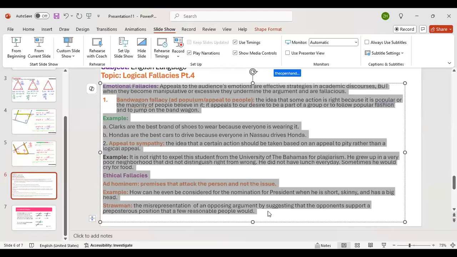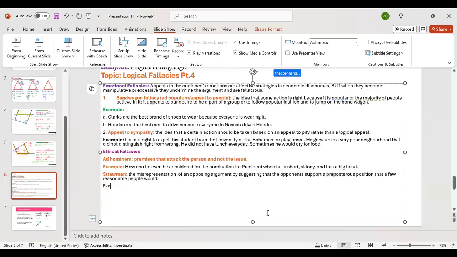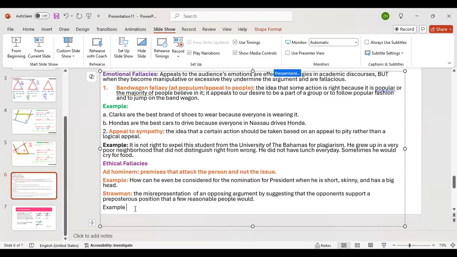So I could say, for example, why should he be the chemistry professor? He believes that Jesus was resurrected from the dead. All right.